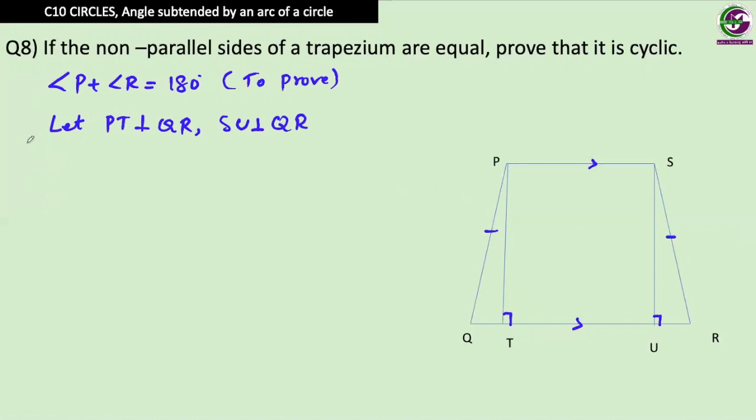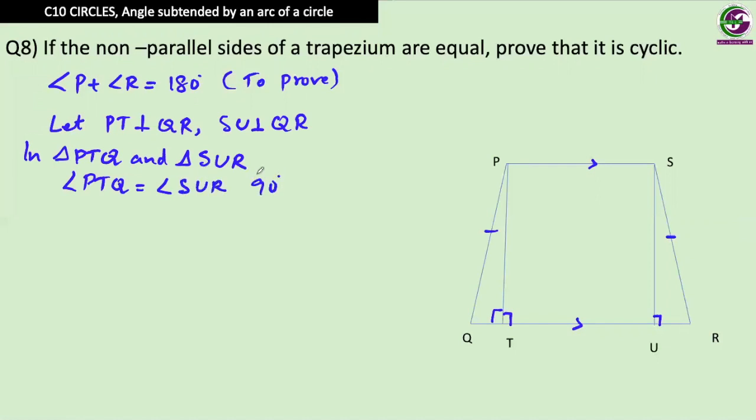Now in triangle PTQ and triangle SUR, we have 90 degrees. Angle PTQ is equal to angle SUR. Both of them are perpendiculars by construction. PQ is equal to SR is given to us.